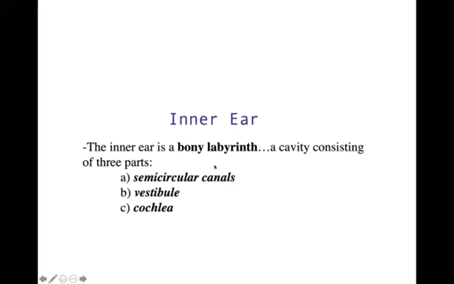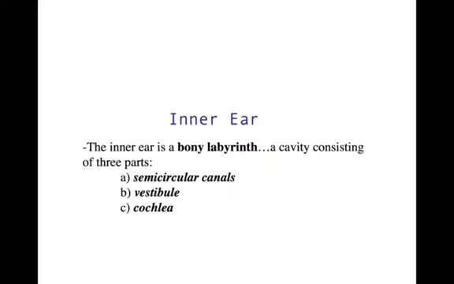The best way I can explain what the inner ear is all about is to think about a mountainside, a mountain. And let's say there was a cave in that mountain. Could you dissect the cave out and say, hey, look at this cave that I brought out of this mountainside? The reason you can say no is because the cave is not a solid structure. The cave is something carved into the mountainside.